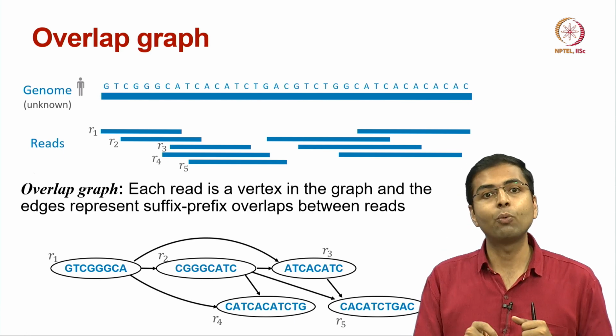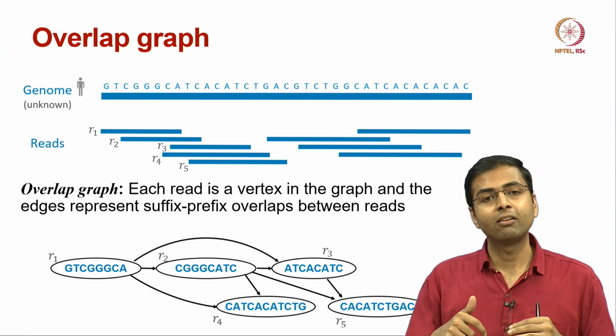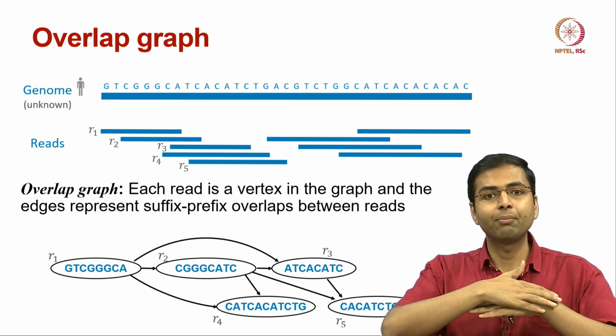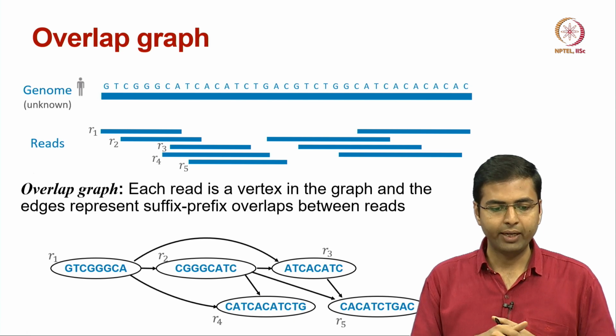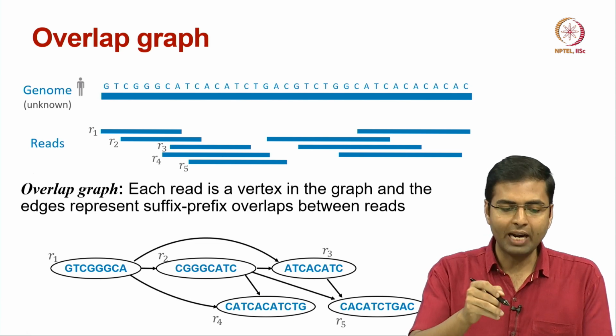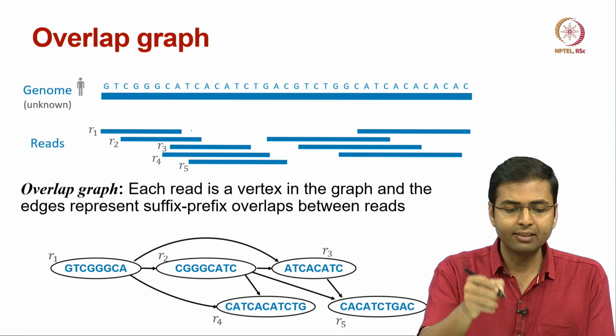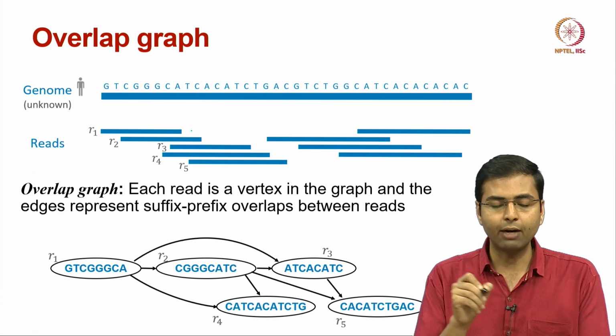Each read itself is a vertex in the graph and we are drawing directed edges based on the suffix prefix overlaps between pairs of reads. So, in this example I am showing you a small overlap graph constructed from 5 reads R1, R2, R3, R4, R5.